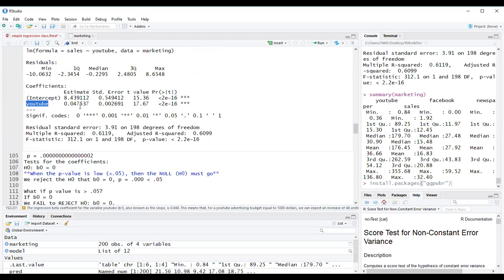Let me repeat that. For every 1 unit increase in YouTube advertising budget, there's a corresponding 0.047537 units increase in your sales. Okay, so take note how do you interpret this? Kinuha ko muna yung 1 unit increase in the independent variable which is YouTube, and then related it with the 0.047 units increase in sales.